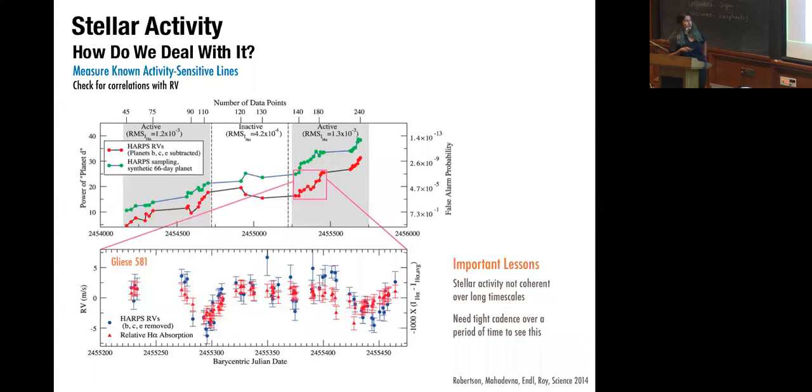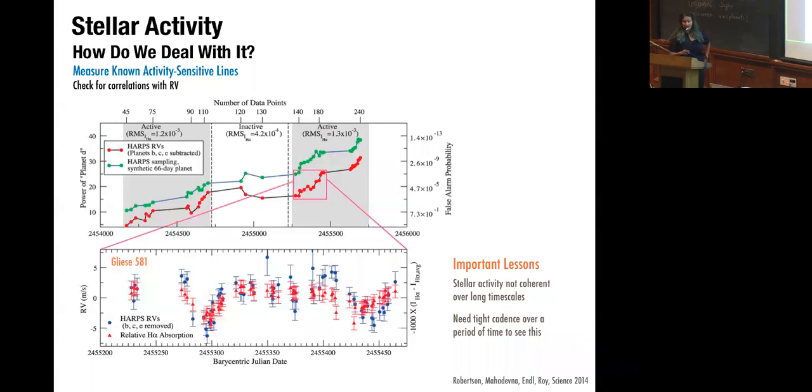So you can imagine if you just had this patch and this patch, it would be very difficult to tell if these things were moving together. And so this is really an argument for why you need not only time on the telescope, but time that is utilized to sample the different scales of stellar activity.